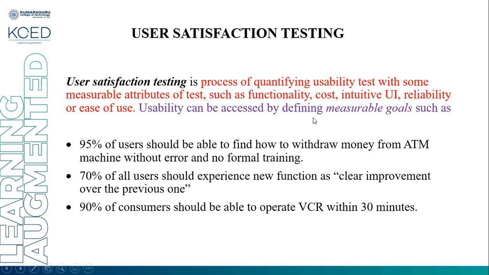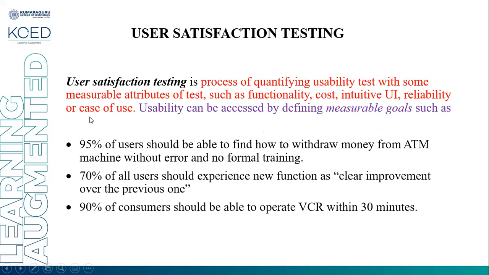Usability can be assessed by defining measurable goals such as: 95% of the users should be able to find how to withdraw money from an ATM machine without an error or formal testing.